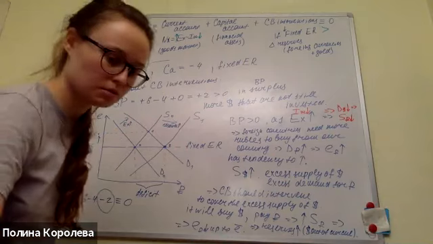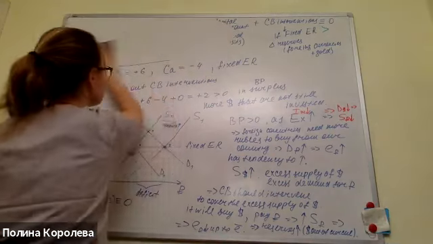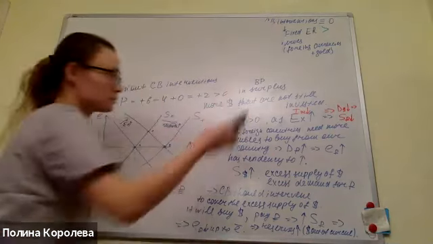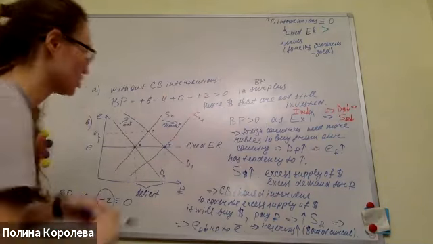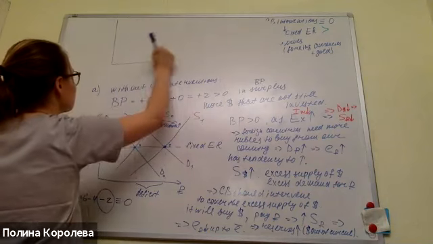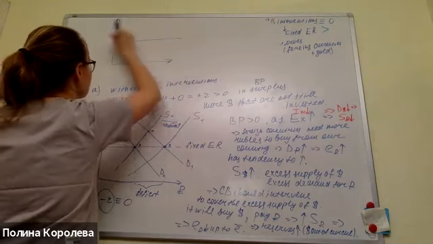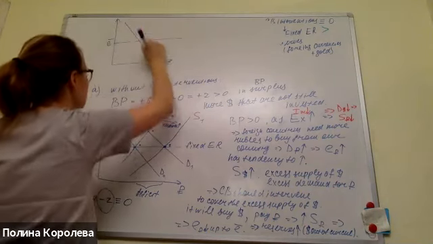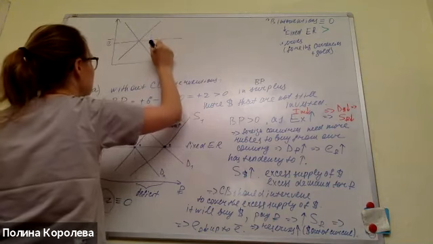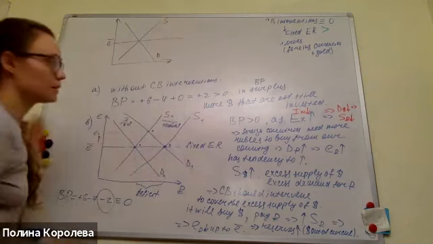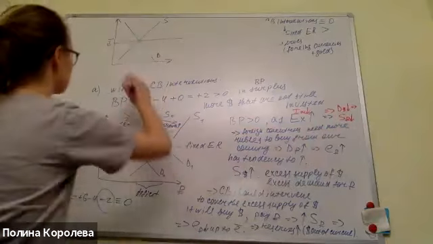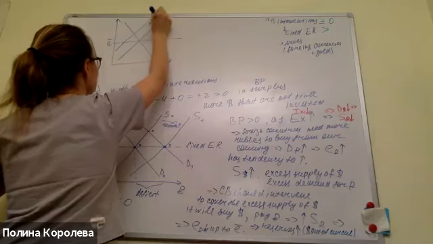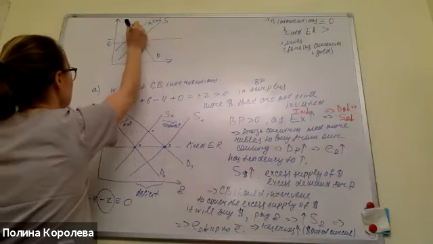I will show you one more time, the explanation through import change. So we'll have here exchange rate, demand, supply. And if import decreases, the supply of rubles decreases in the market. It moves here because the import decreases.